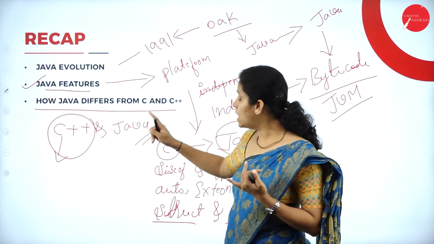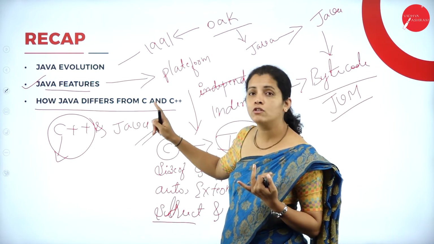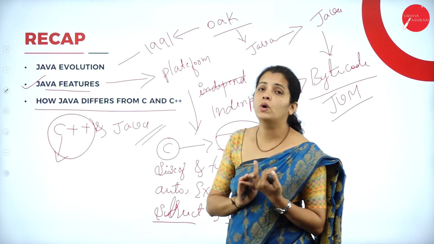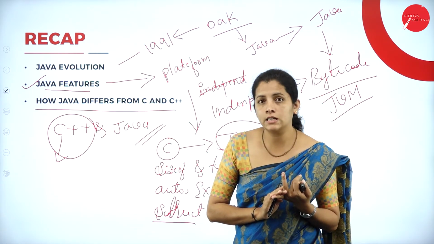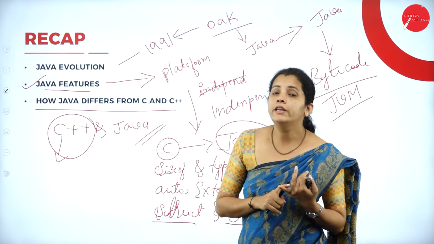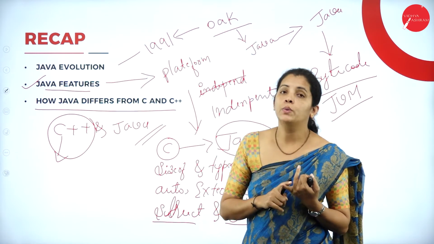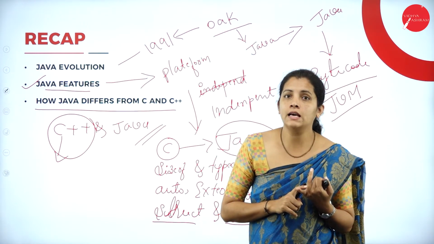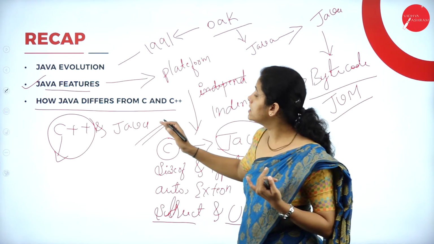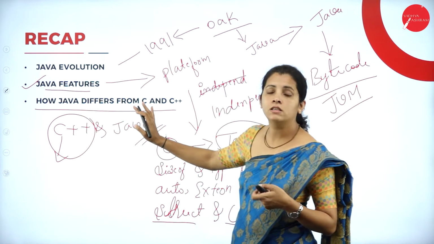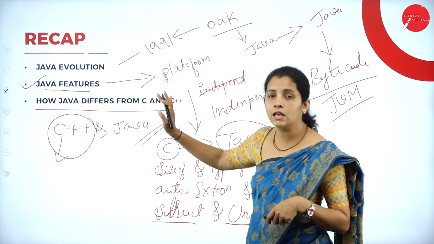But in Java, we have the concept called constructor, but we do not have any destructor. That means the deallocation of the object can be achieved with the help of the finalize method. So these are some of the differences between C++ and Java programming language.